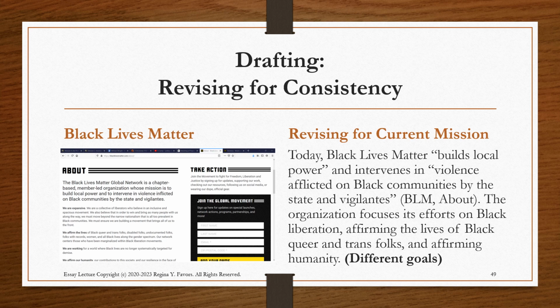So it has moved from studying the Trayvon Martin shooting and sort of failing to address the civil rights violation aspect of that information to now focusing on building local power, intervening when violence is inflicted on Black communities, pushing for Black liberation, and also affirming the lives of Black, queer, trans folks, and affirming humanity. So these are different goals, and that's why you have to revise for consistency.